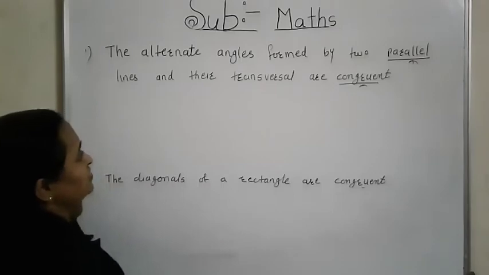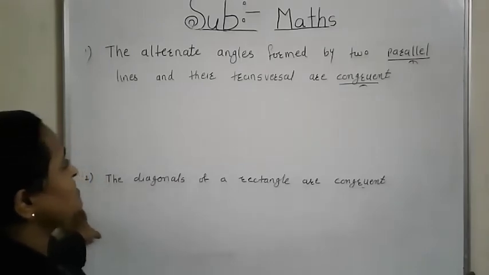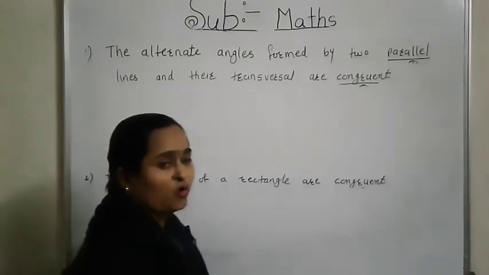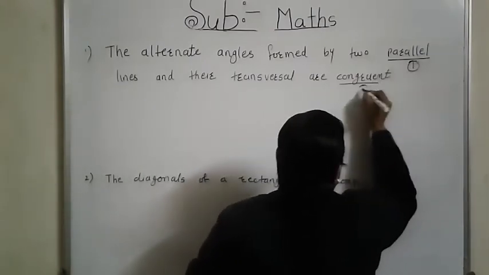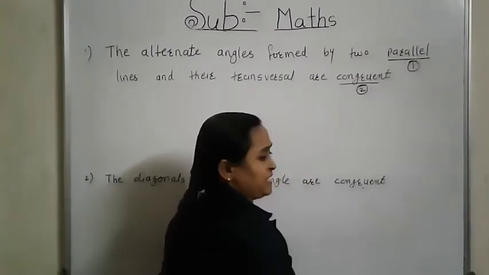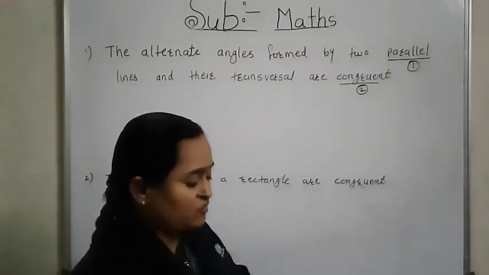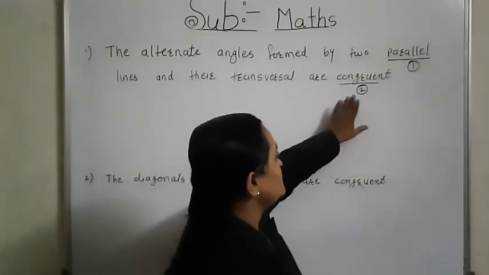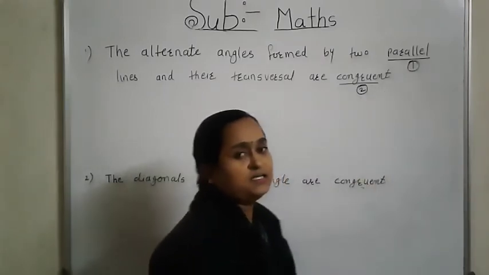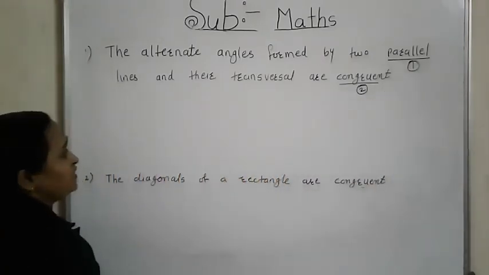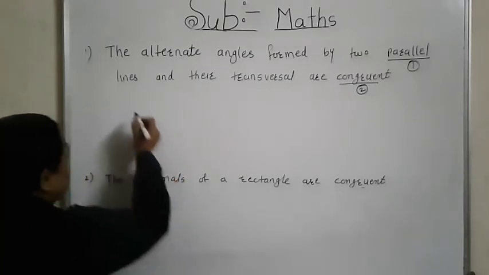The alternate angles formed by two parallel lines and their transversal are congruent. Now in this statement, this parallel is first part and congruent is second part. Now we are writing converse, so we will write this second part first and this first part will be the second part. Means we have to interchange antecedent and consequent.